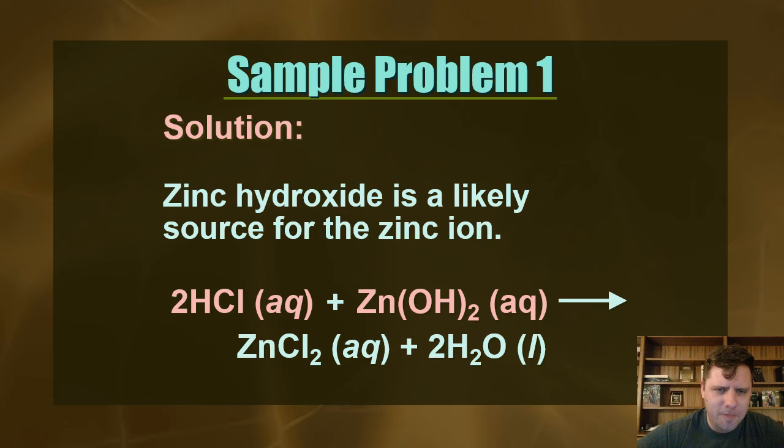Now note here, hydrogen is a +1, chlorine's a -1, so that was fine. Remember, zinc is a +2. The hydroxide group is a -1, so we needed to write the parentheses with a 2 here to balance that compound. And then when you look at the entire equation, you note that you have to add a 2 here and a 2 here in order to balance the entire equation.